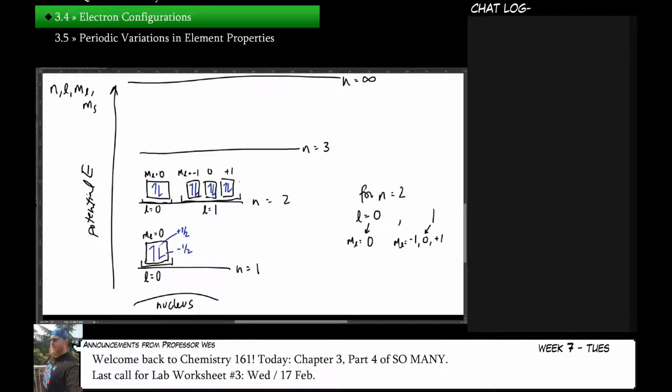Now if I wanted to identify an electron, let's just say I pick this electron right here. I'll get a new color. This electron would have the quantum numbers n equals 2, l equals 1, m sub l is -1, and then it's the positive 1/2 spin.